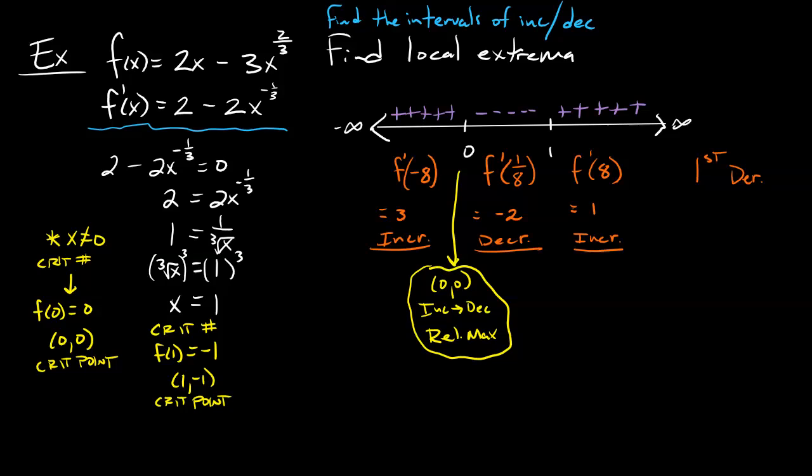So there's one answer. 1, negative 1 goes from decreasing to increasing. That makes that a relative min. Okay, these are all the extrema. So that was that question.